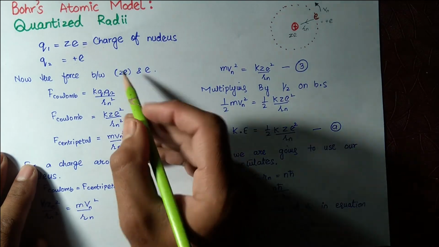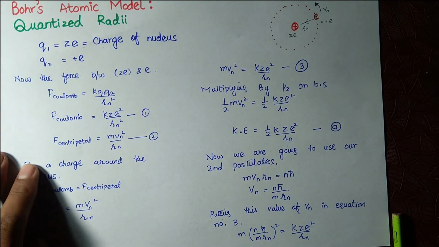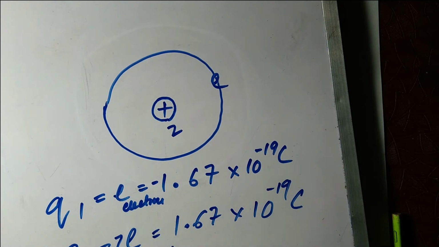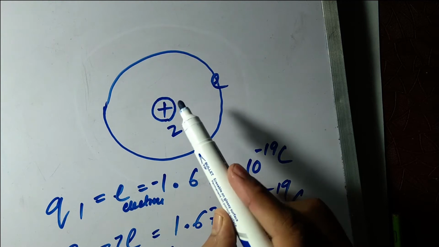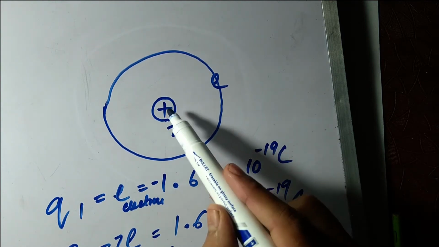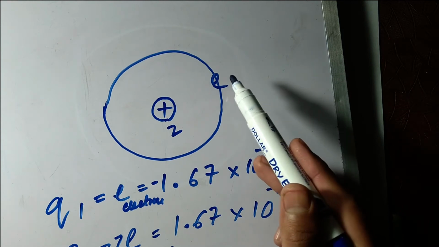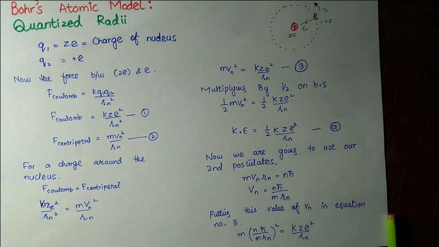Now the force between Ze and e: the force between two charges is always given by Coulomb interaction, and this is the Coulomb force. The force exerted on two point charges is directly proportional to the product of their charges and inversely proportional to the square of their distance.